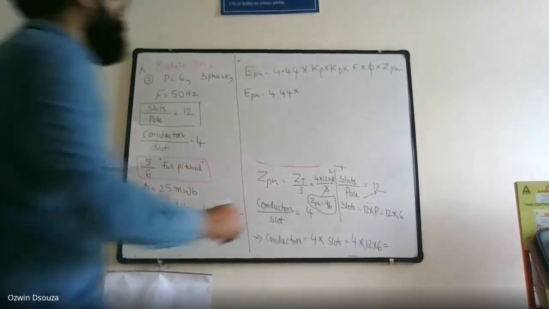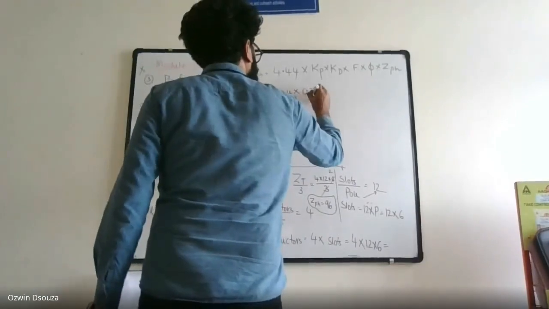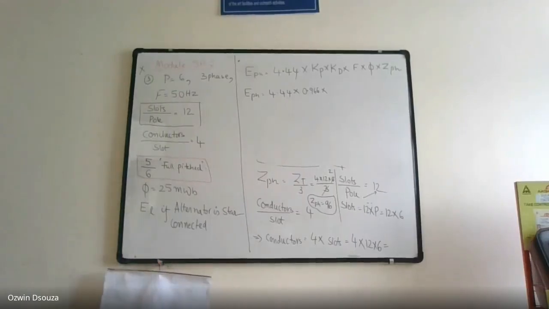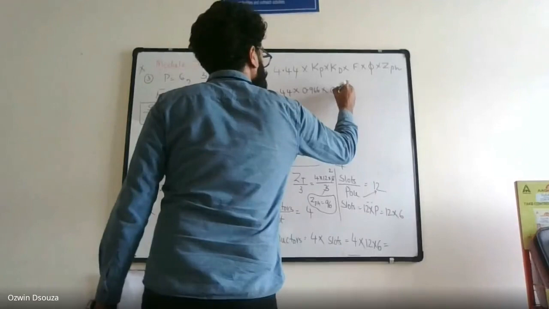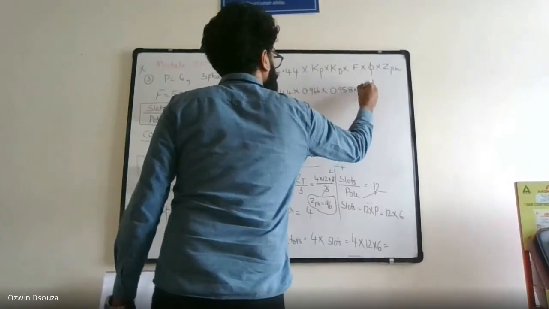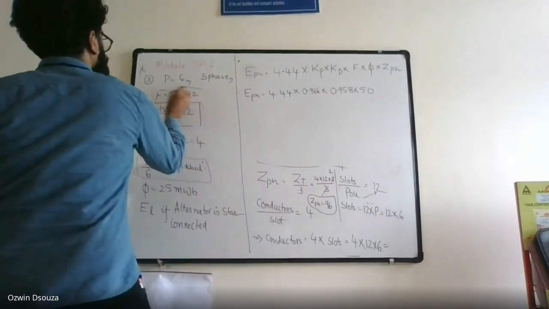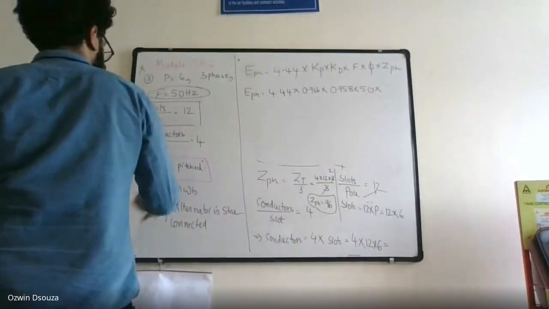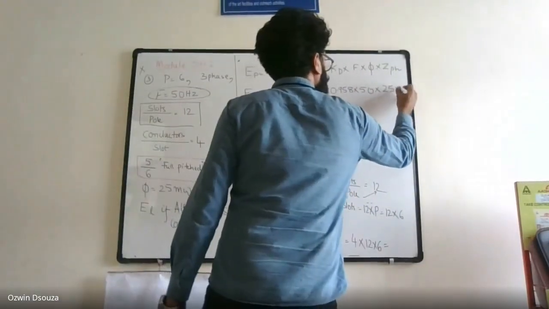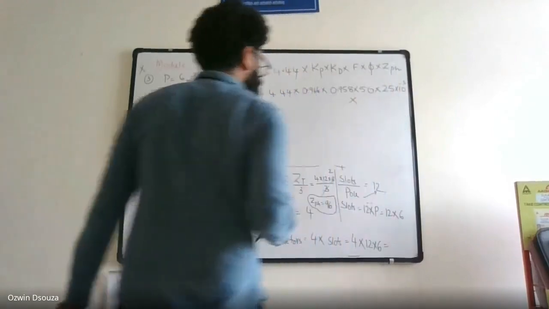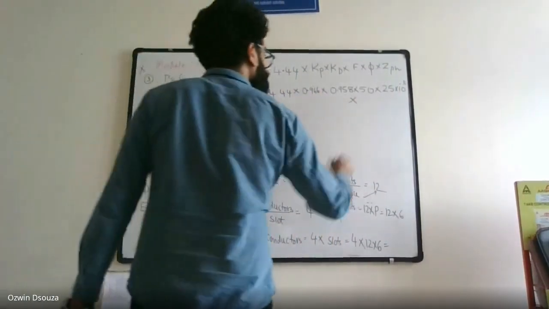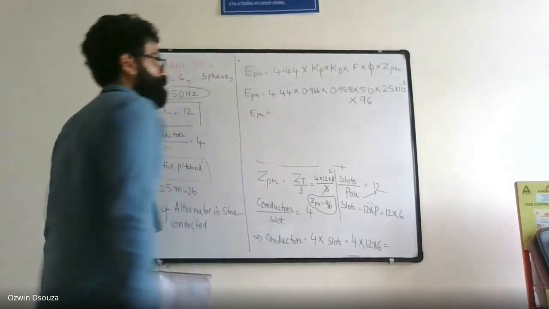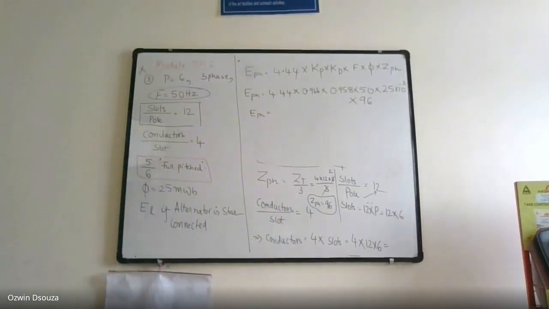Kp is 0.966, into Kd 0.958, into frequency, which they have given beforehand as 50, into flux 25, into Z phase, and Z phase is 96. So you will get the per phase voltage.